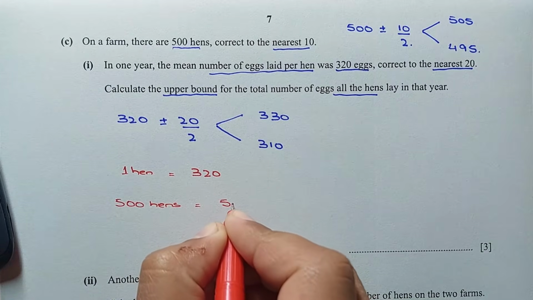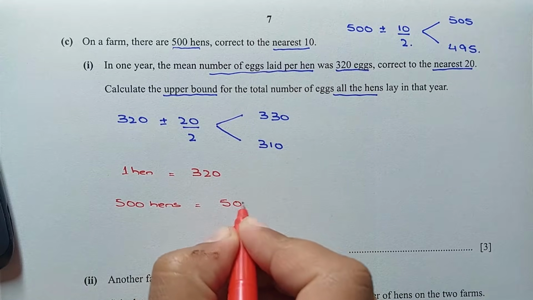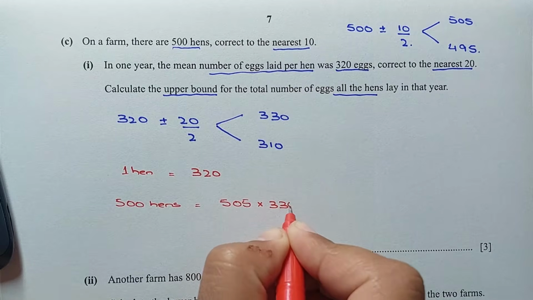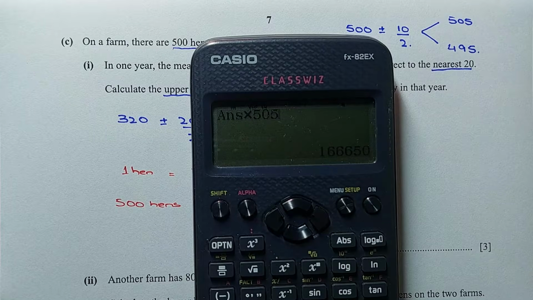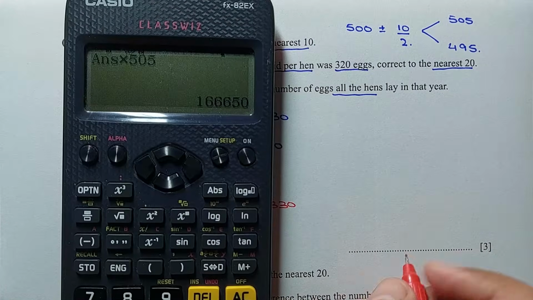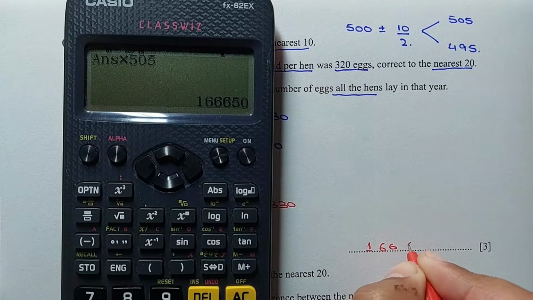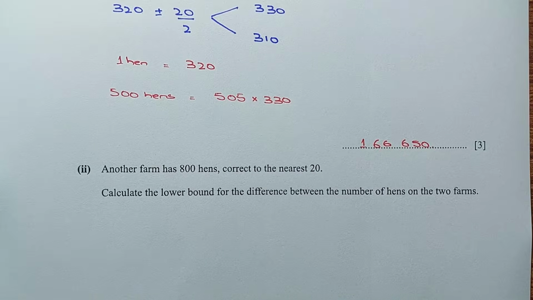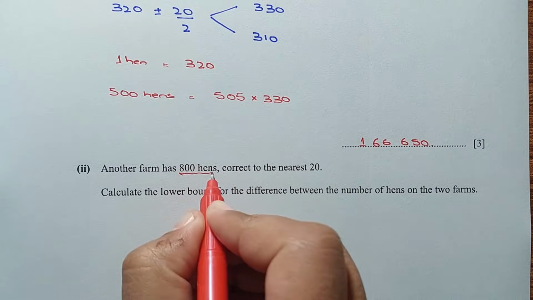The upper bound of 500 is 505, and we multiply it by the upper bound of eggs per hen, which is 330. 330 times 505 is 166,650.